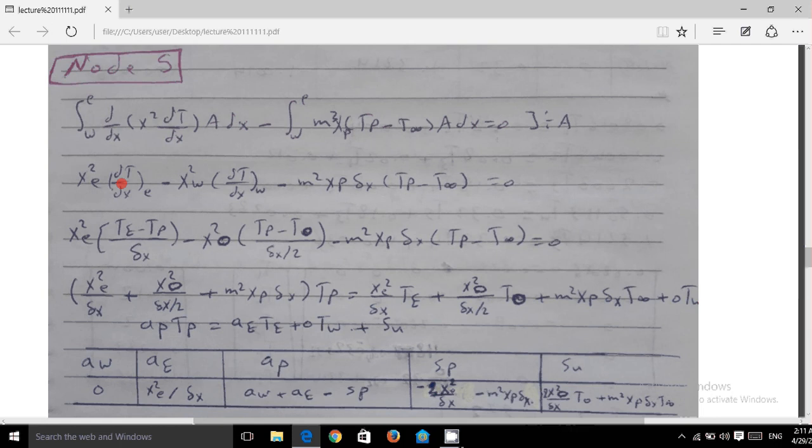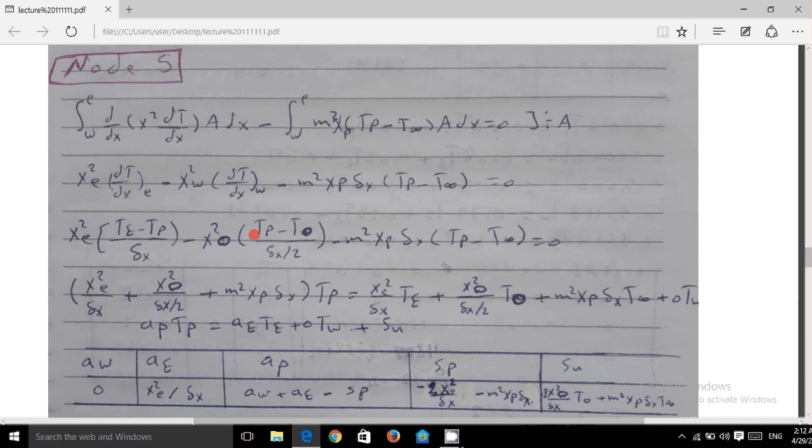When you substitute dT over dx east, it is (T_E minus T_P) over delta x, minus, I don't have x west at node 5 because it's the end of the length of the bar, so it converts to x at the base fin. You should pay attention to this point.